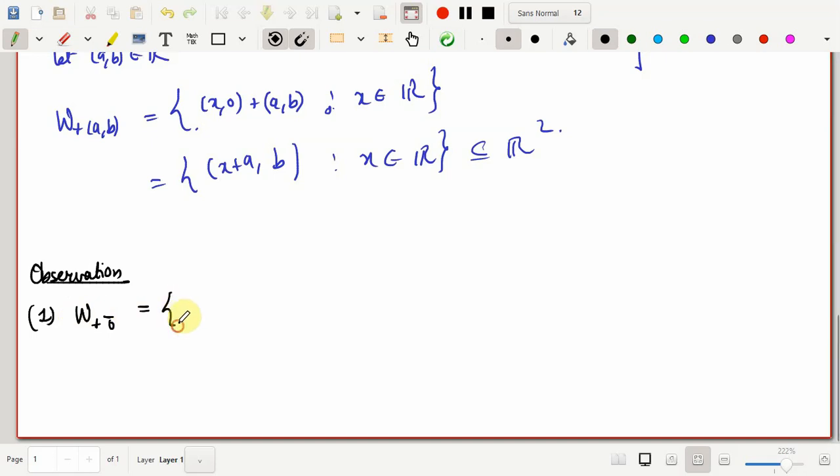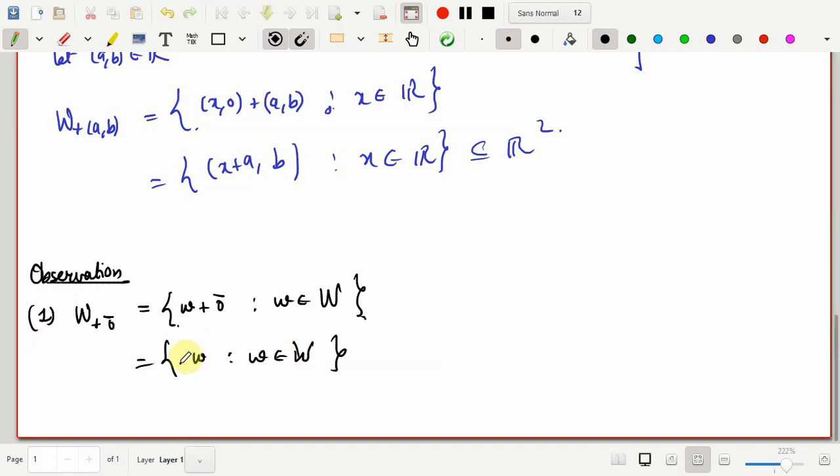The reason is very clear. This set by definition is nothing but W plus 0, where w is varying over W, which would be the same as saying, by the standard property of the additive identity, that it gives back the same element. So it is the same as saying w, where w is varying over W. So what is this set?